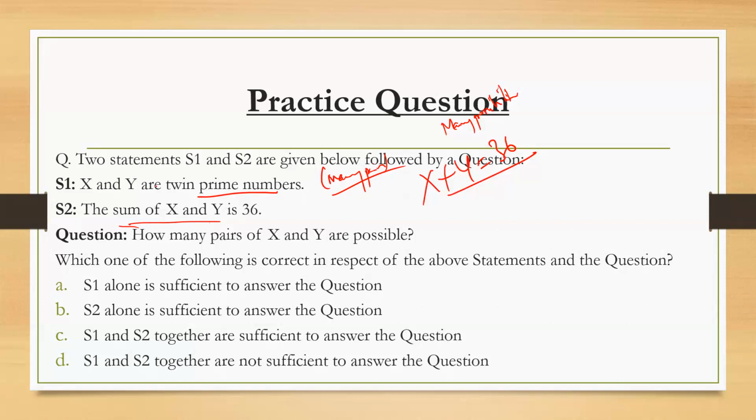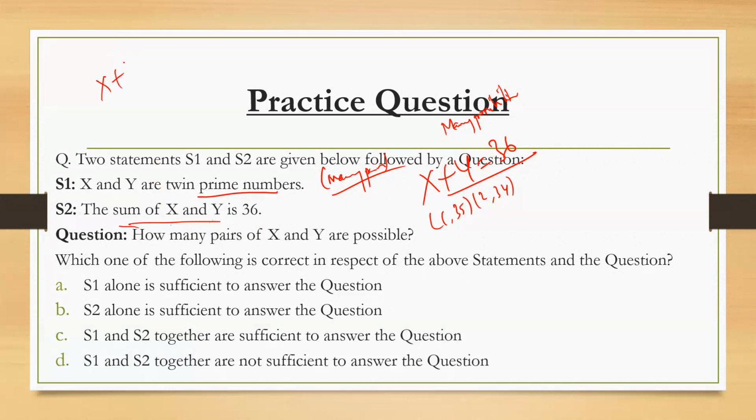For example, if it was given x and y are natural numbers, then it is fixed. Then it will be 1 and 35, 2 and 34. But here, it's just given that the sum is 36. And in the question also, the nature of x and y is not given. So here it can take negative numbers also.